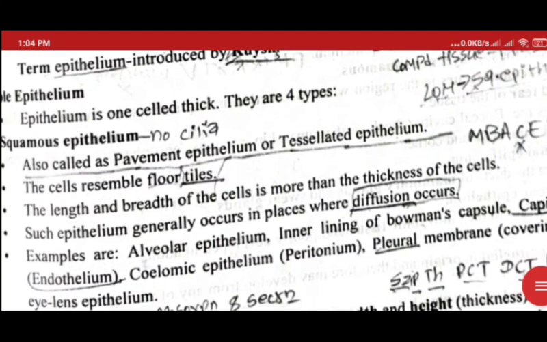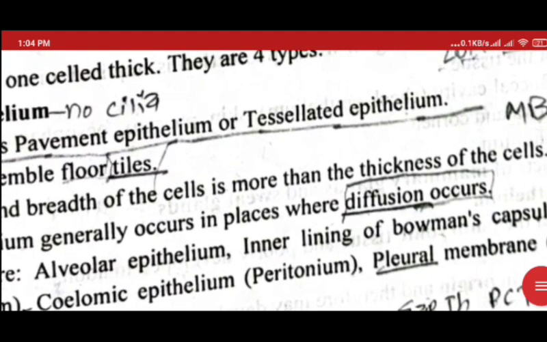In squamous epithelium you should understand this is the basement membrane, and on this basement membrane the cells lie like this, like plates or tiles on a floor.